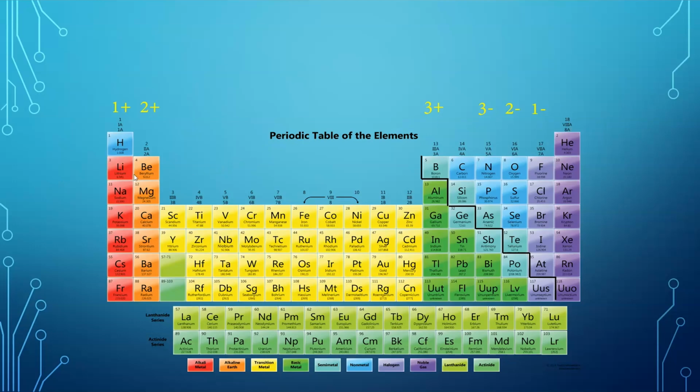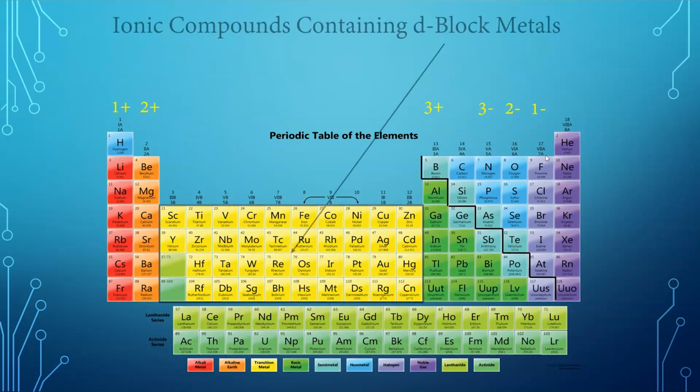So the elements in the S and the P block are very predictable. There are some exceptions, but we're probably going to avoid those just to keep things from becoming too complicated. So in general, we can predict the charge of any ion from groups 1, 2, and 3, and 5, 6, and 7. Now what happens when we move into the D block, these elements in the middle?